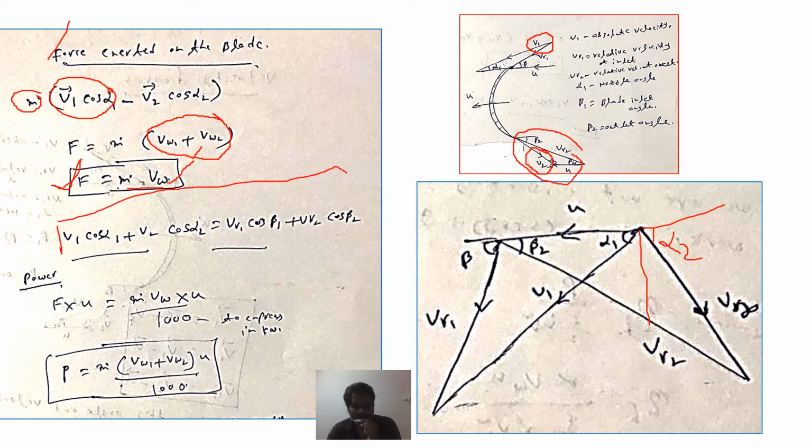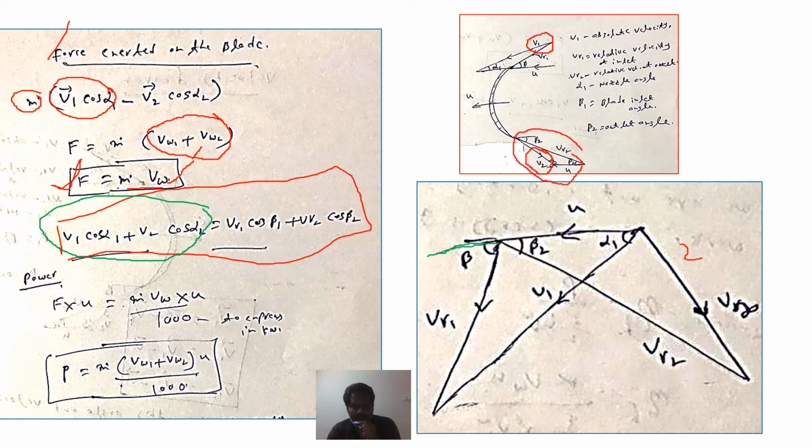We can write this equation from the velocity diagram. Here this part we already discussed: V1 cos alpha 1 plus V2 cos alpha 2. In the same way we can write it with the relative velocity.